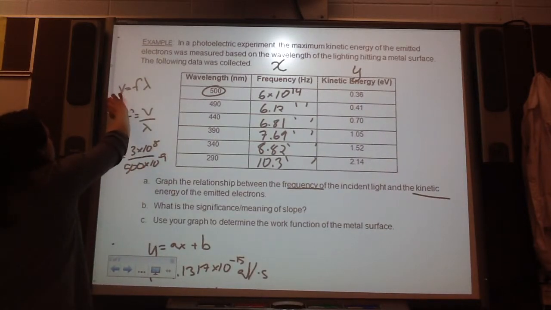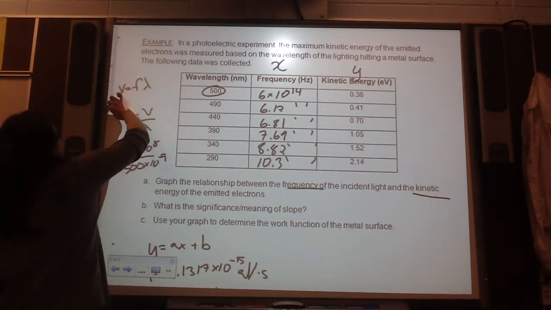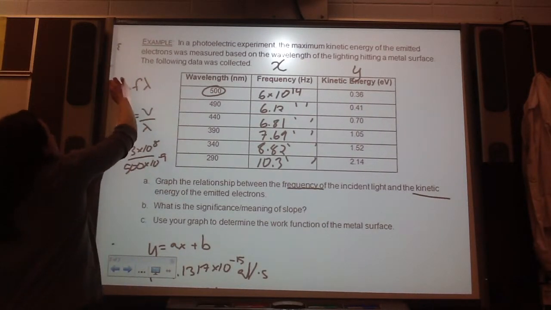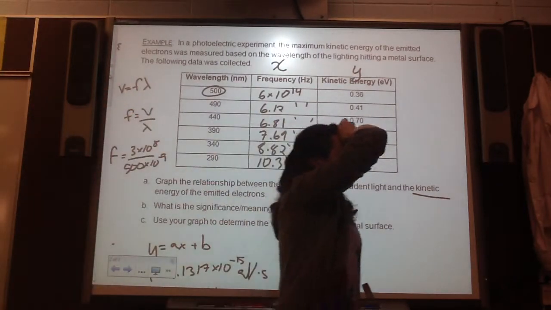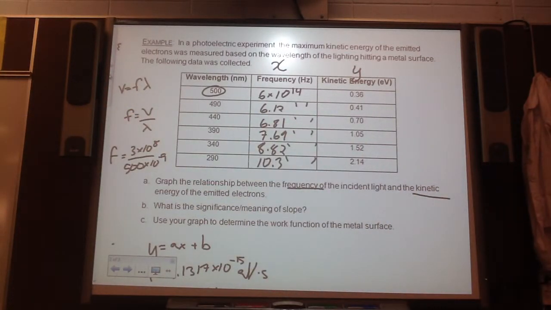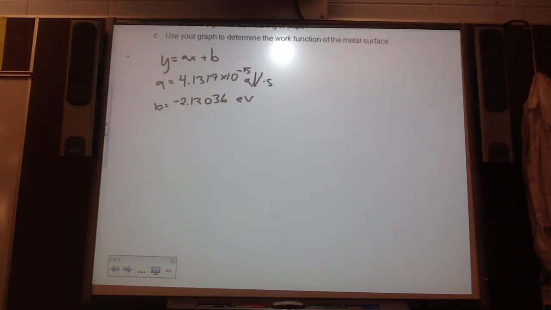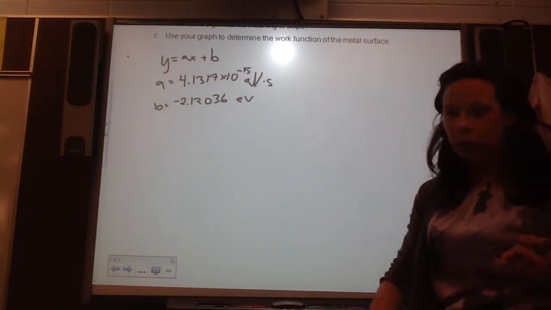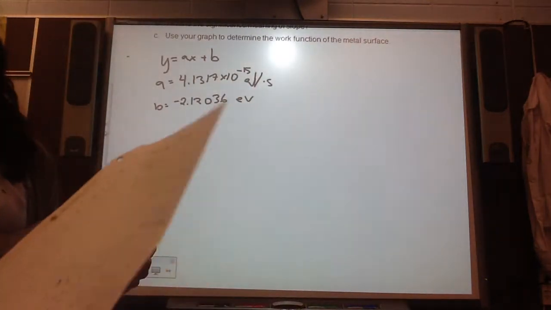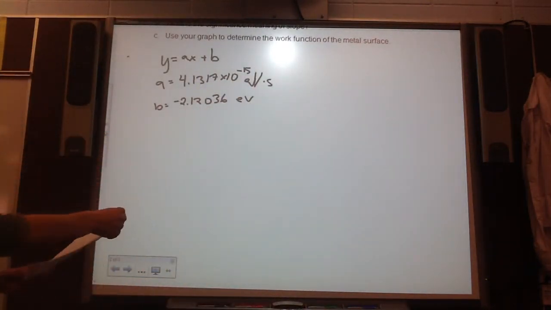So now let's go back and write out our physics formula and equate it to our graph. When we interpret a graph, we start with our original physics formula and then manipulate it to look like y equals mx plus b.